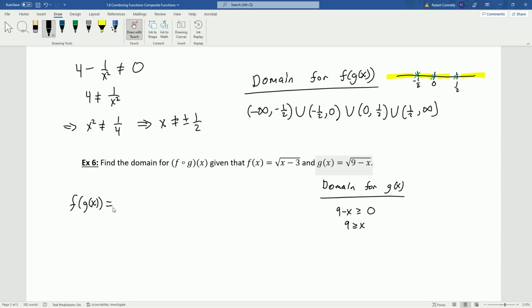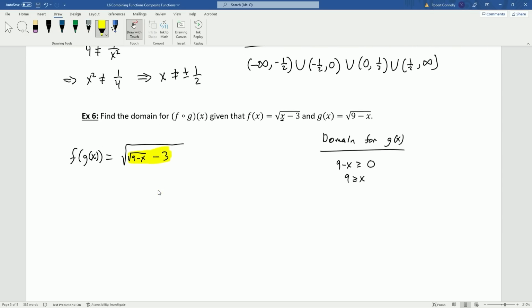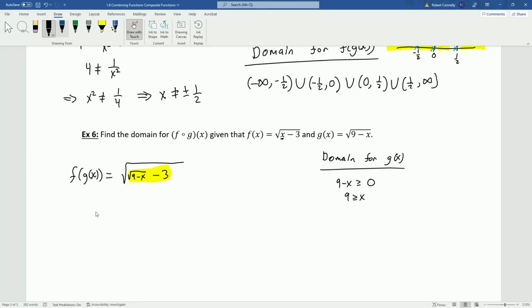Okay, so now let's take a look at f of g of x. That's the square root of the square root of. So we're replacing x here with the square root of 9 minus x, minus 3. In this case, our input is now this whole expression. So what we need is the square root of 9 minus x minus 3 to be greater than or equal to 0.